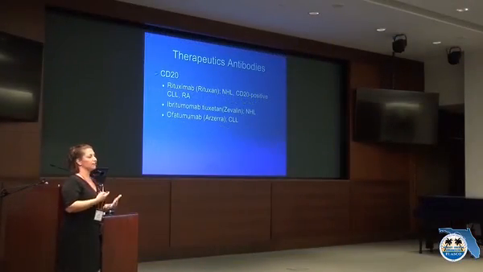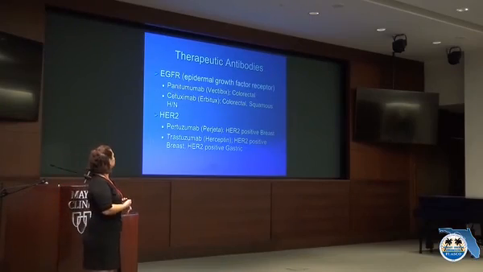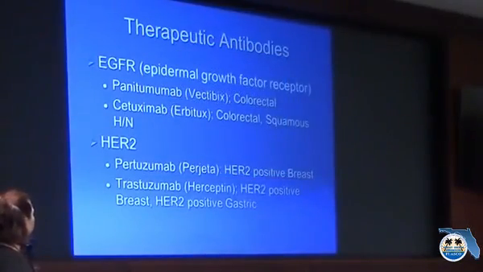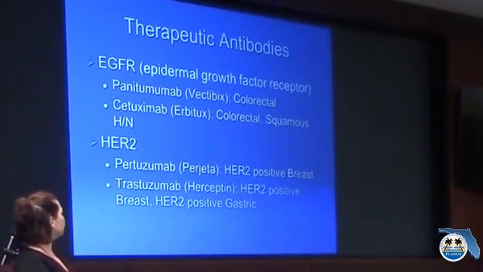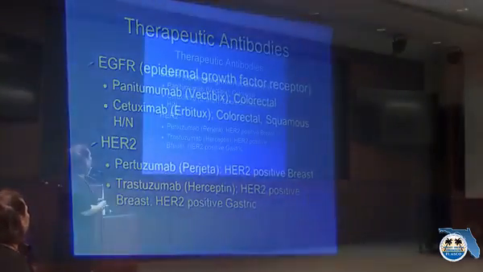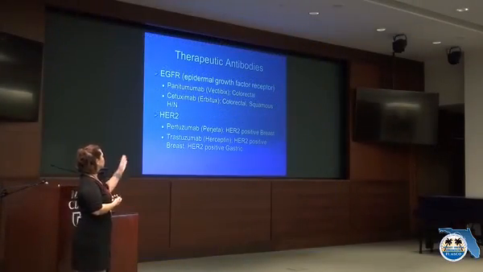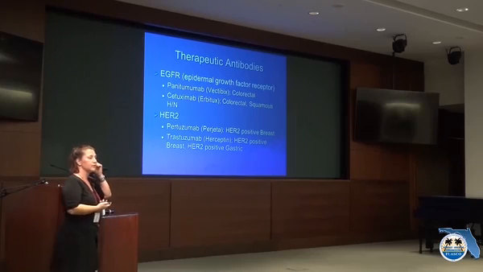Things are changing every single day, but these all go after CD20. And then we have EGFR, and cetuximab has been around for a while. These are the tumor types, rather, the colorectal and head and neck, that we use them in.